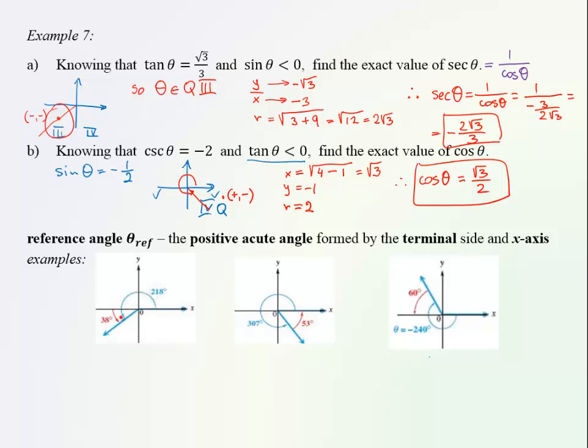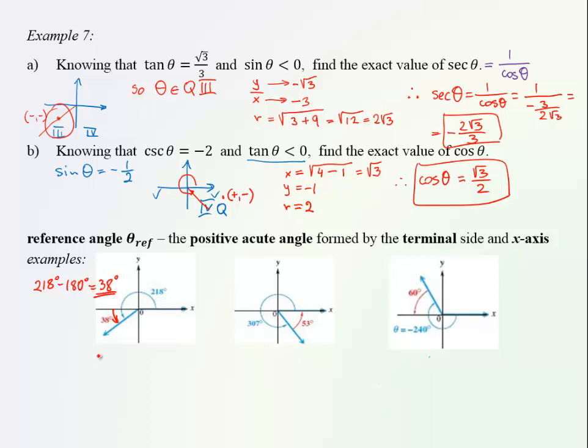If I have an angle 218 degrees and its terminal is in the third quadrant, then the acute angle from the terminal to the closest part of the x-axis, the shortest angle from the terminal to the horizontal line, that will be the reference angle. So in this case, to find the reference angle, we go 218 minus 180, which is 38 degrees.